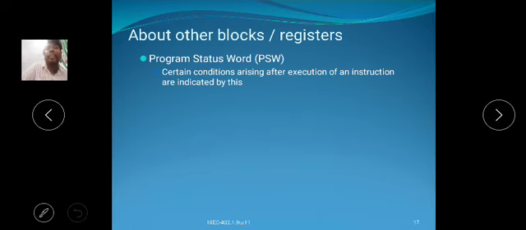Next important block is the program status word.